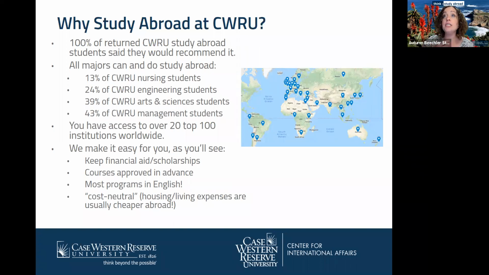What does change is students will cancel housing and meals in Cleveland and start paying them abroad. And pretty frequently those are cheaper. So the cost neutrality comes in because the choice of academics is made not based on tuition at all. It's just a conversation about housing. How much might that cost and where can students go?